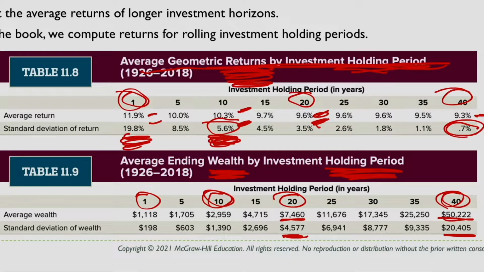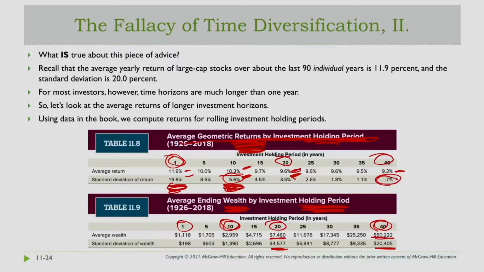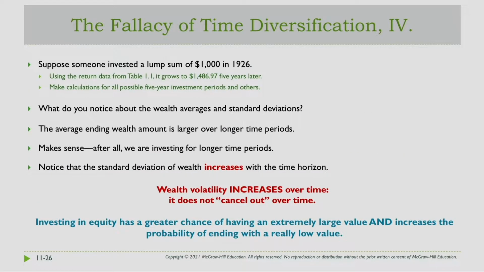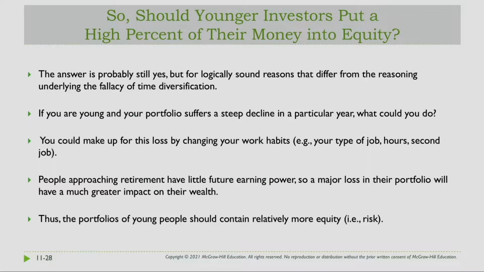So here's why, though, you can still take on that risk at your age and be okay. The reason is not because returns have almost a zero standard deviation over long holding periods. The reason is that you have an opportunity to make up for that. Let's see, where is that slide? Yeah, here we go.